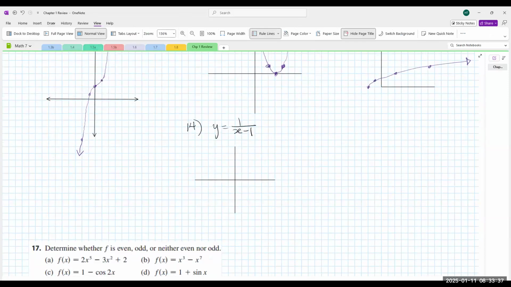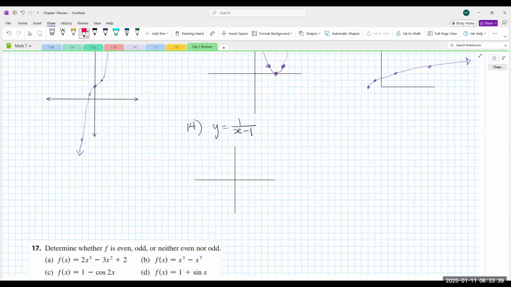Now, the original graph is like this. This is what 1 over x looks like. Do we have to memorize this, Thomas? Yes, you need to. In fact, you're supposed to have memorized this when you took pre-calculus.